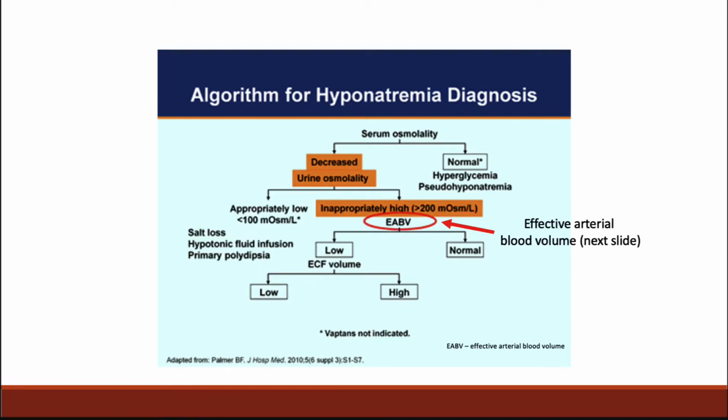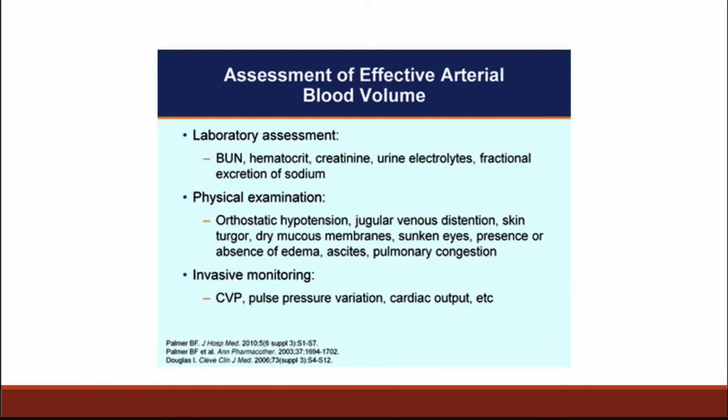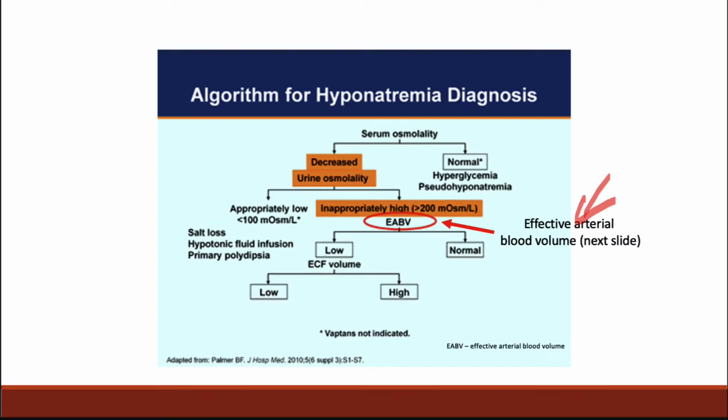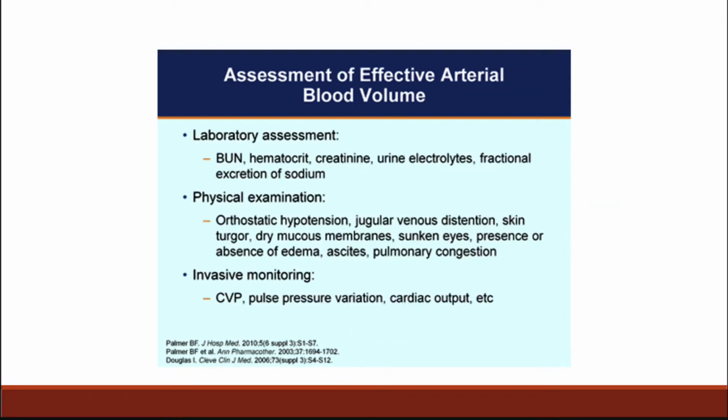Now, if the urine osmolality is high, more than 200, then we have to look at the effective arterial blood volume, all right? And that's covered on the next slide. When the urine osmolality is increased, we have to assess the intravascular blood volume.